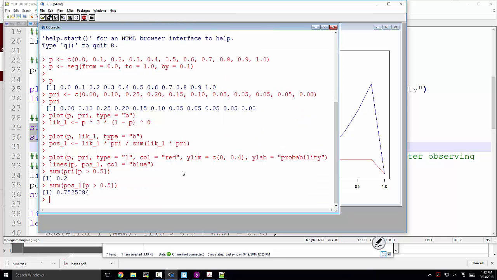That's what this is doing. Summing, or more generally integrating under the curve, will give us probabilities. My prior belief that I was better than this person was 0.2. After winning 3 in a row, it has gone up to 0.75.